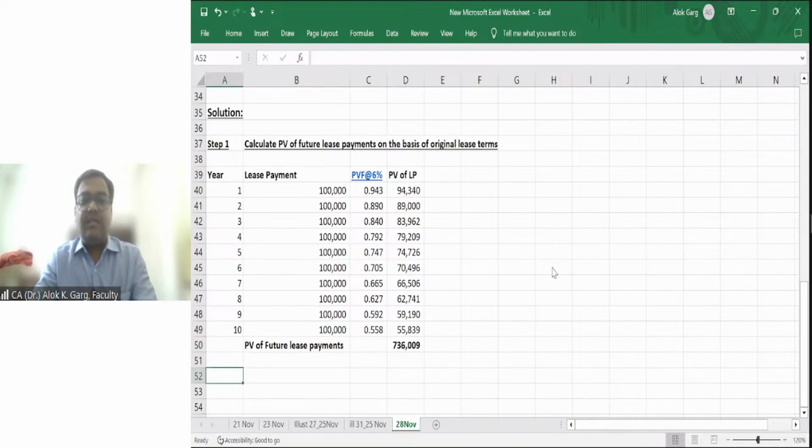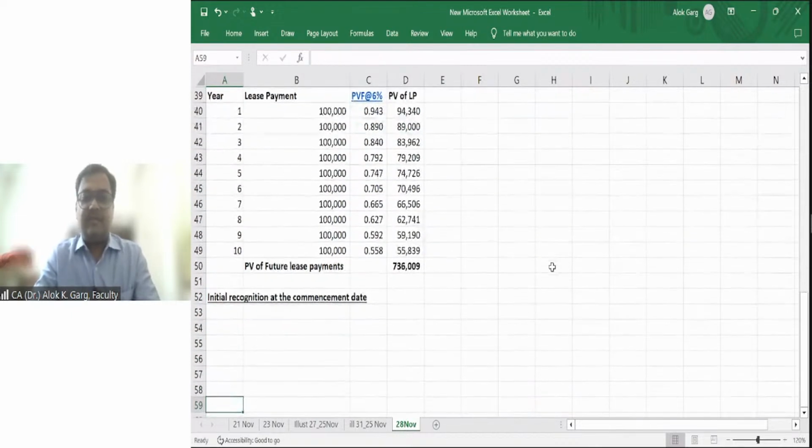What is the initial recognition at the beginning of year 1? What is the initial recognition? Recognition at the commencement date. What is the initial recognition at the commencement date?